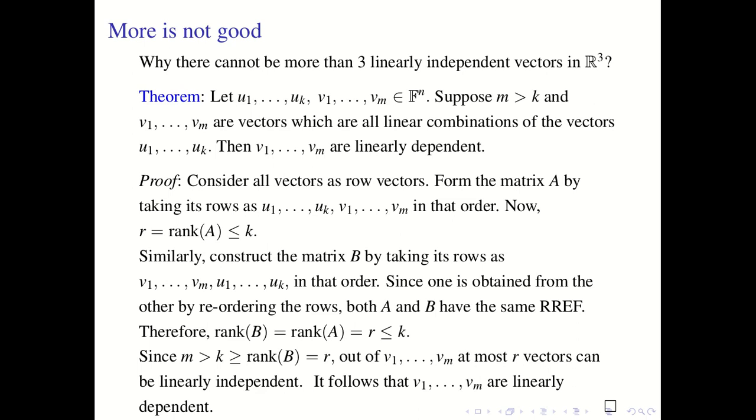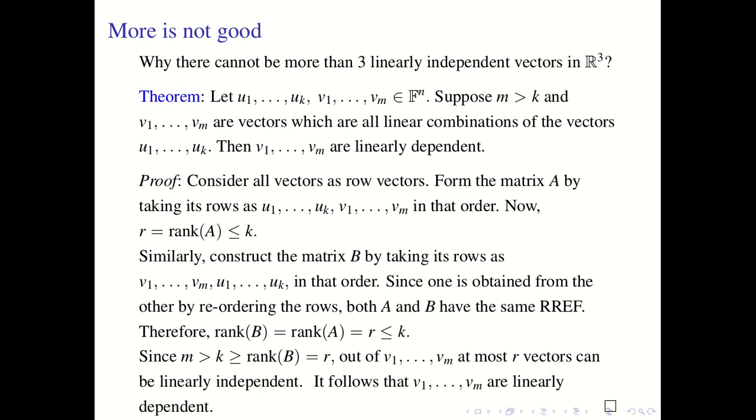So let's look at the proof. The idea is similar to what we saw just now. Construct matrix A by taking its rows as u1 up to uk and v1 up to vm in that order.